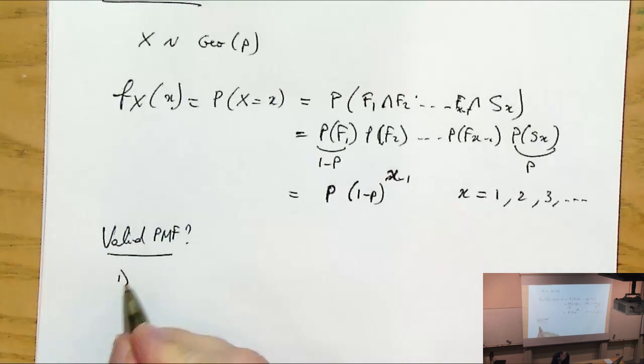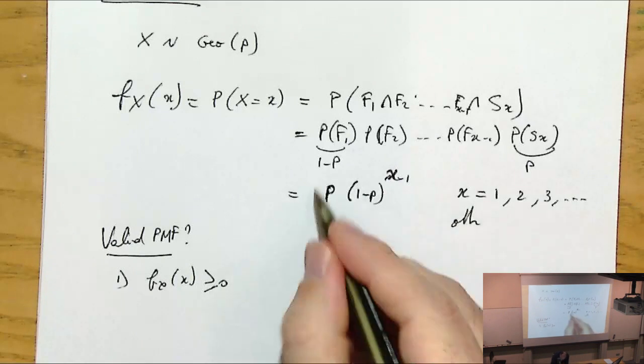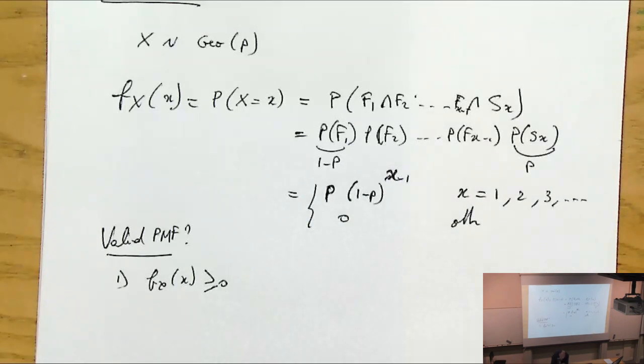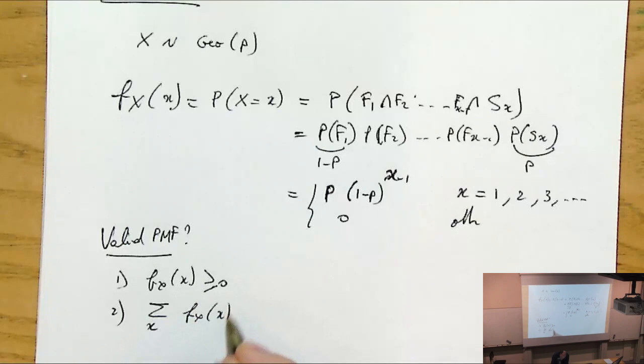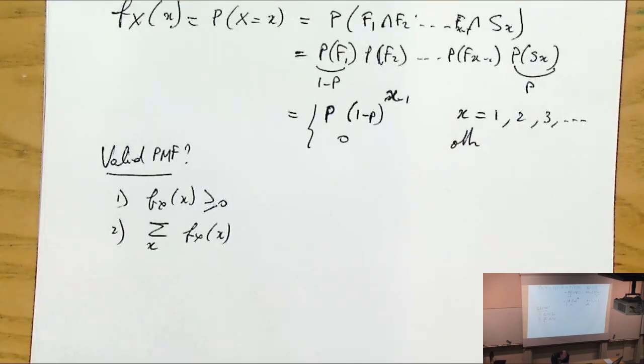Well, again, this quantity is positive. This is always positive. If you don't have this, it's equal to 0. The second thing we have to check is whether the sum of the probability mass function over the range of x is equal to 1.